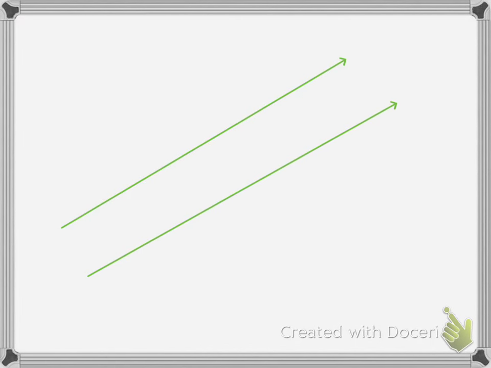Okay, so what's the only way that lines can intersect at something other than one point? Well, if you think about it, if two lines have exactly the same slope, that means that they're parallel.